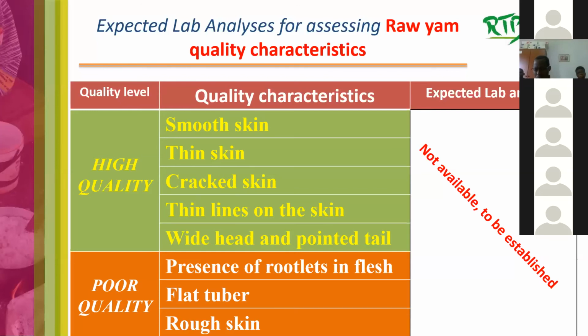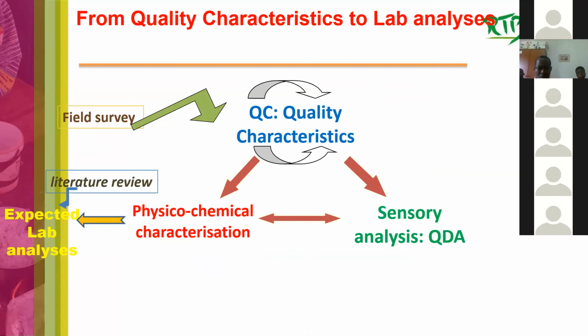We have some biophysical analysis to do before we finish the correlation we want to establish. Of course, but your presentation shows very well the pathway that we have to follow to go from survey results to correlations and lab analysis to understand the drivers of quality.